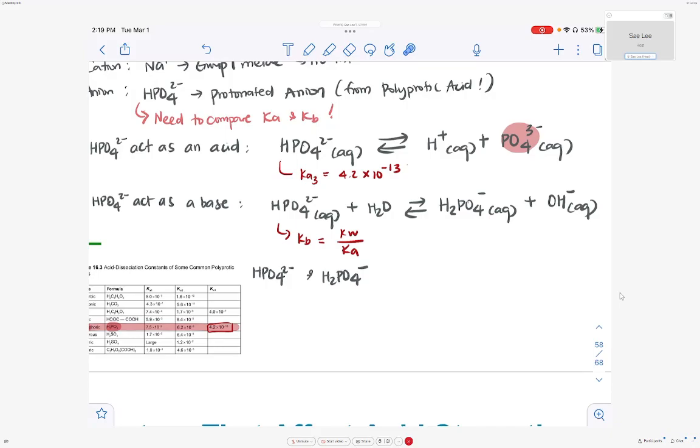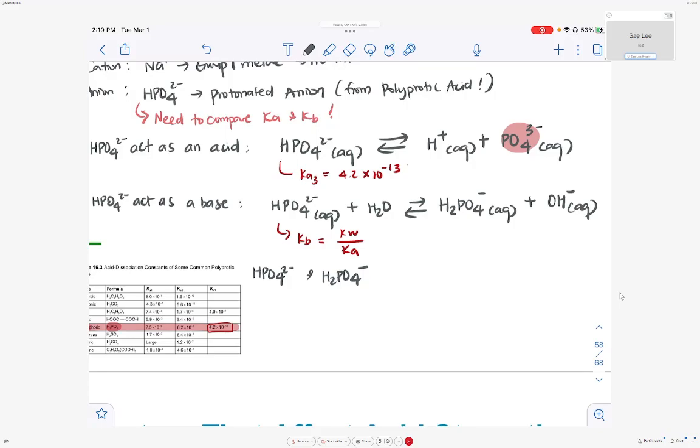Ka is the acid dissociation constant, so you want to determine what is an acid in this equation. Of course, this is going to be the acid in this equation, the protonated form. Okay, so since hydrogen phosphate is an acid, we can find Ka of this acid, and with that information, we can find Kb of the conjugate base. Why can we do that? Because they are a conjugate acid-base pair.